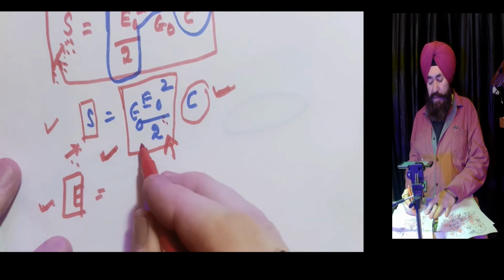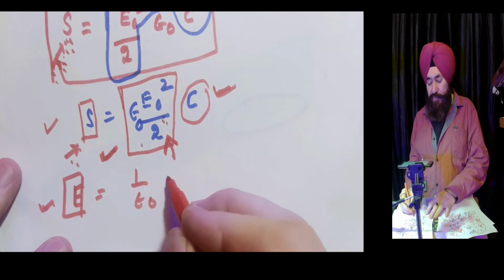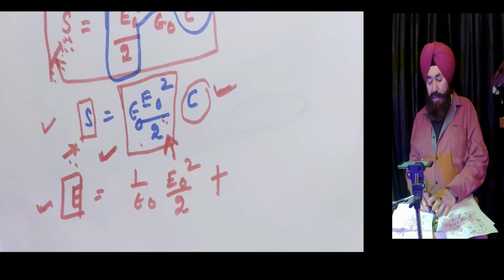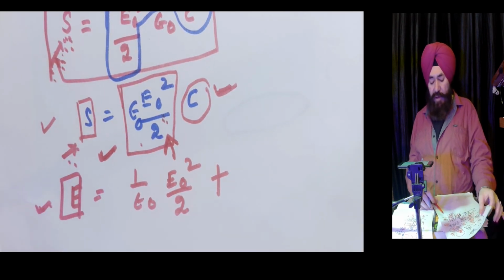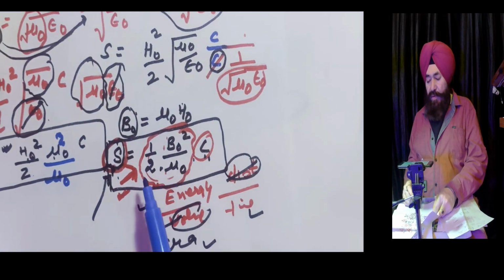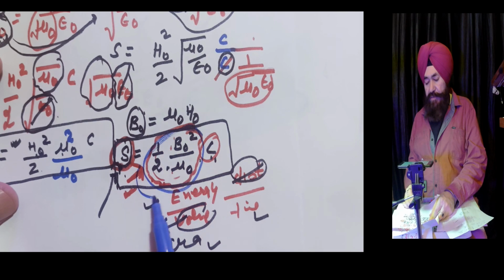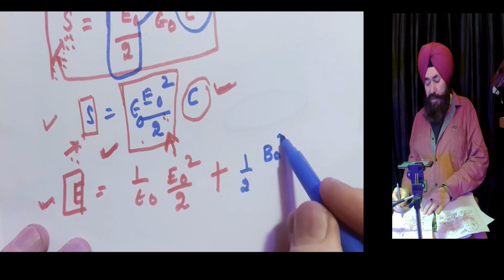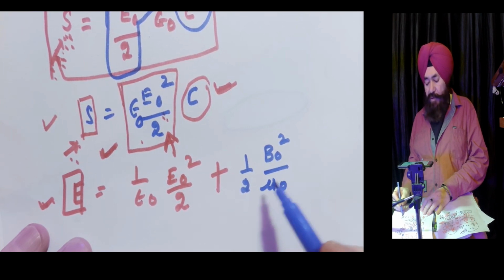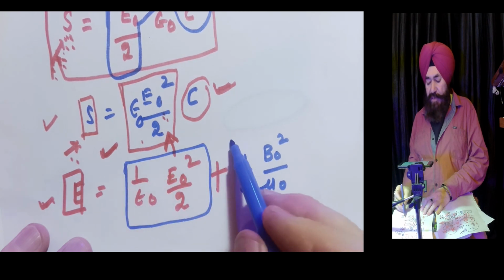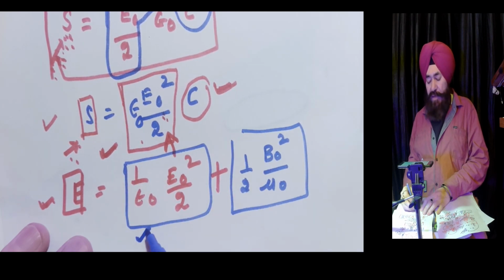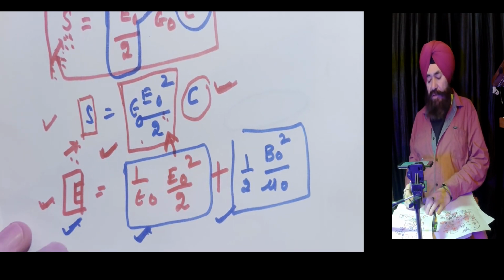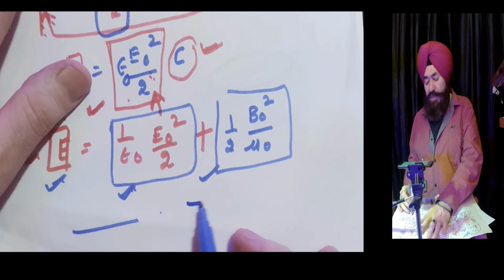Total energy density in form of electric field, epsilon naught E naught square by 2, plus in terms of magnetic field already proved, that it is 1 by 2 B naught square upon mu naught, and this energy density and this energy density, they are equal in magnitudes. Okay, total energy of the EM waves. So this is your expression.